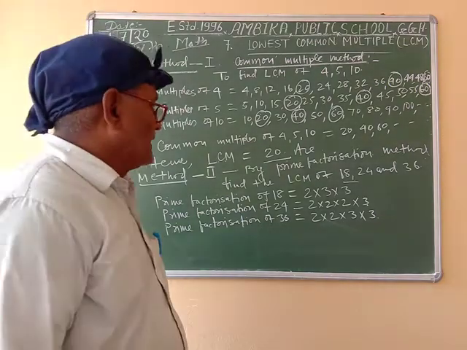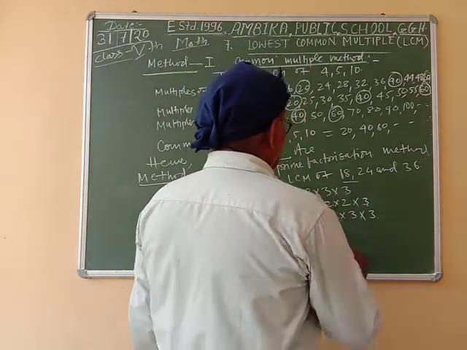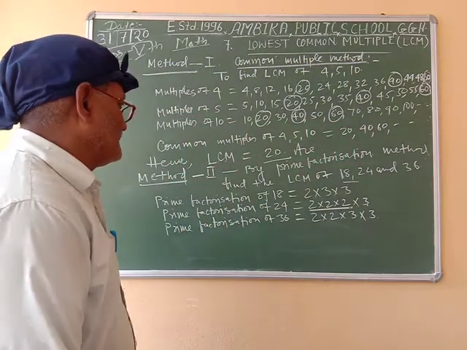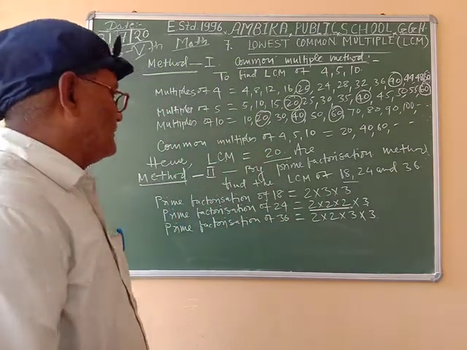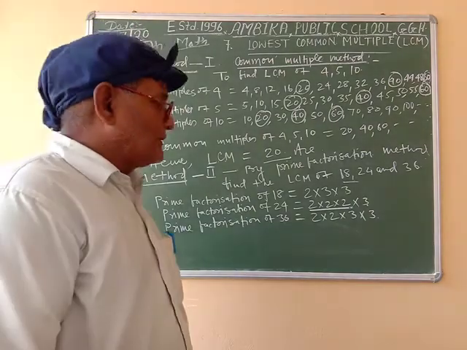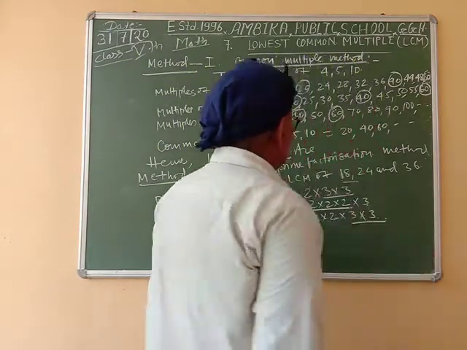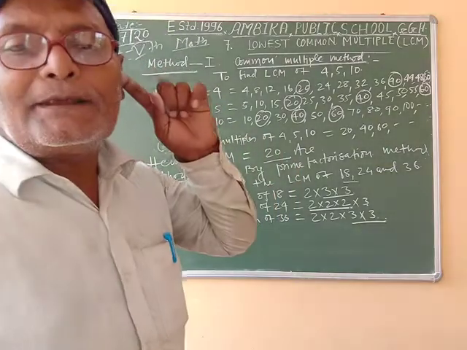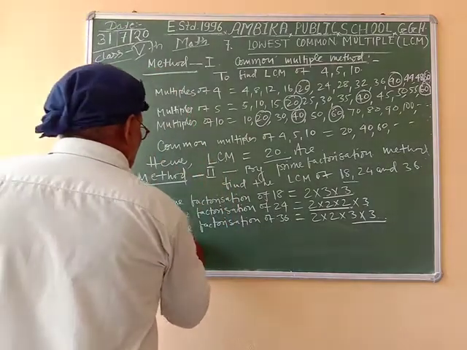Here the maximum number of 2s occurs in 24, which is 3 times, and the maximum number of 3s occurs in 18 and 36, which is 3 into 3.